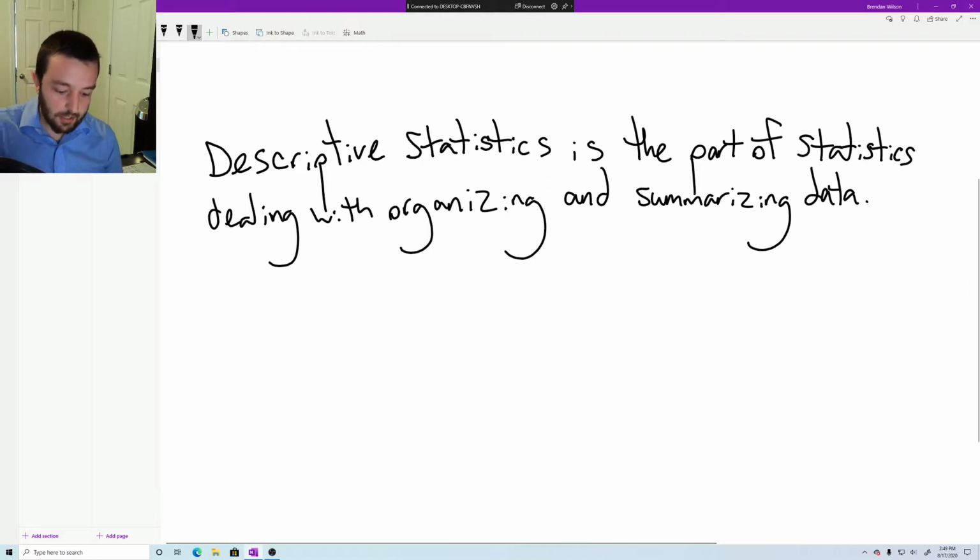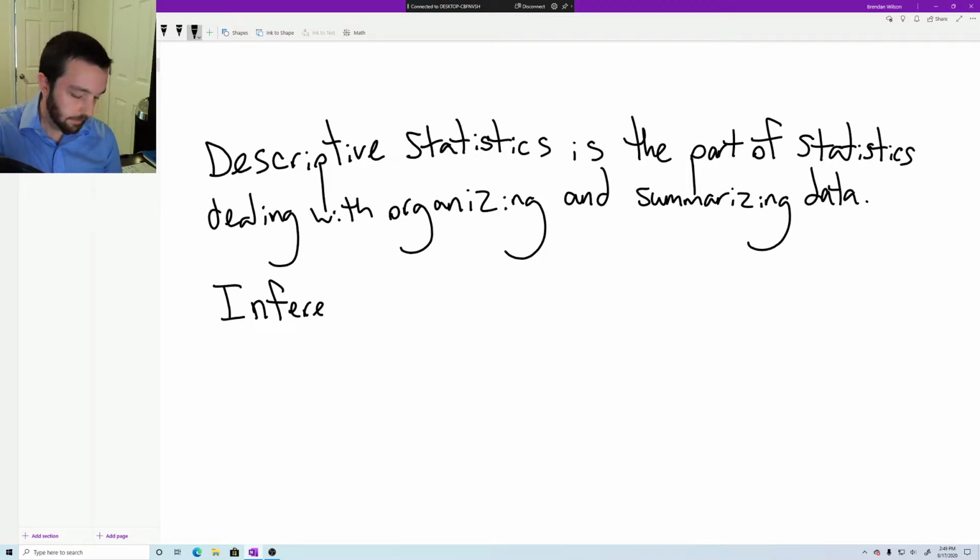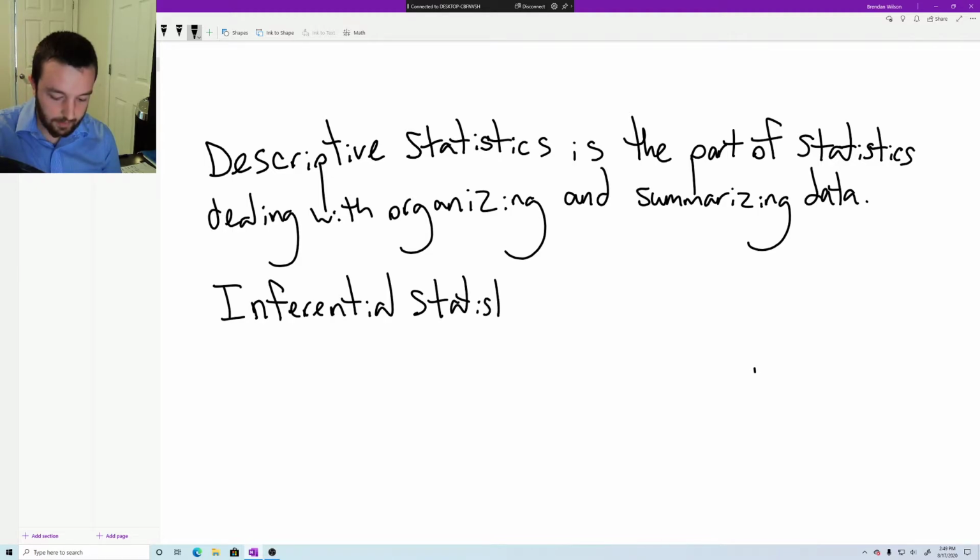Whereas inferential statistics, I think I spelled this wrong. No, that looks right. Okay, inferential statistics is where we are drawing conclusions. We're making inferences. Okay. So I'm just kind of summarizing what the book says here.